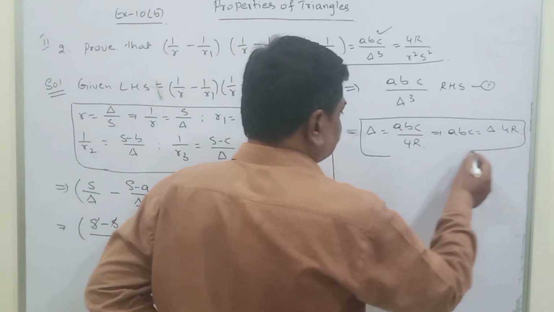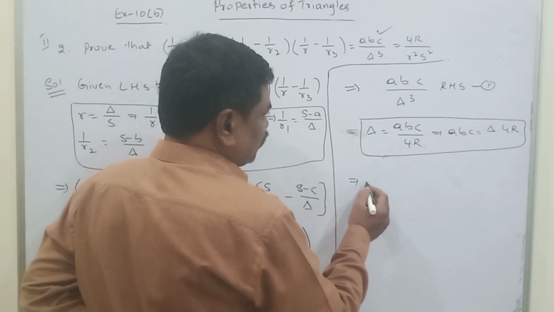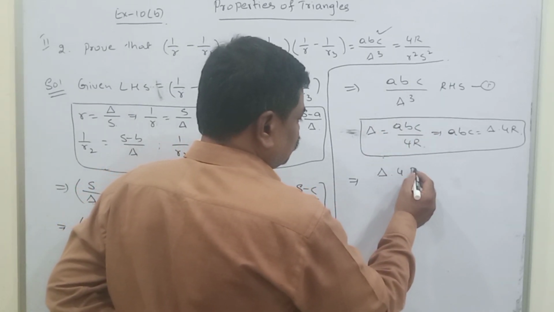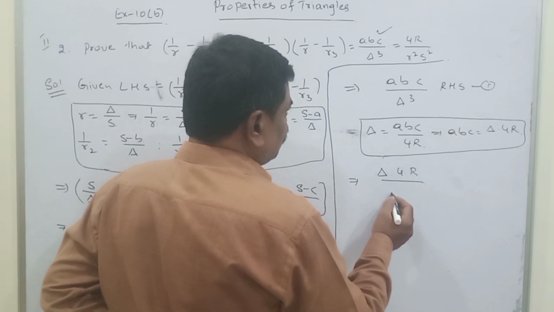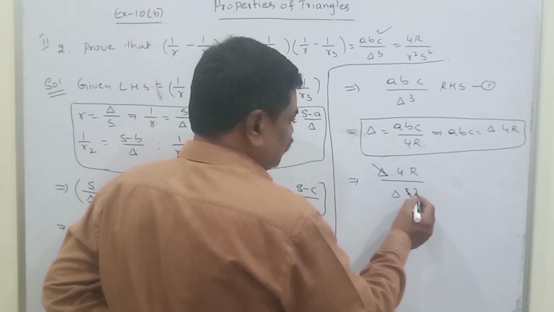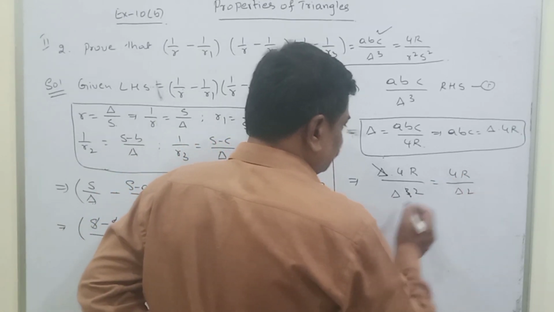We know this, so you have to substitute here. This implies abc by delta cube is delta into 4R by delta cube, that is 4R by delta square.